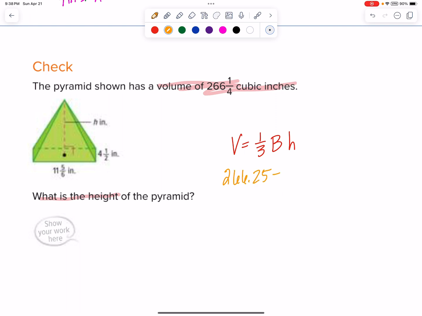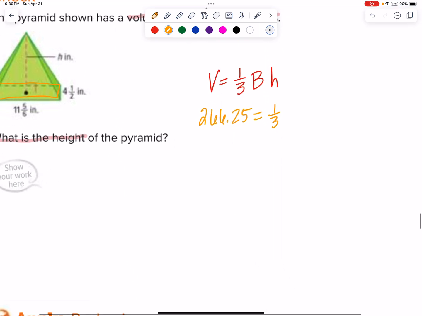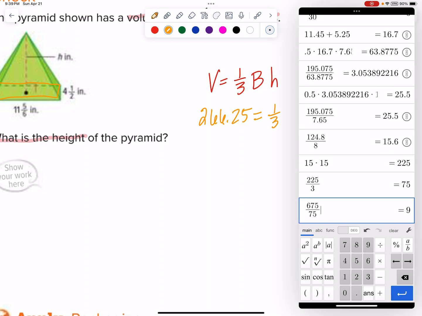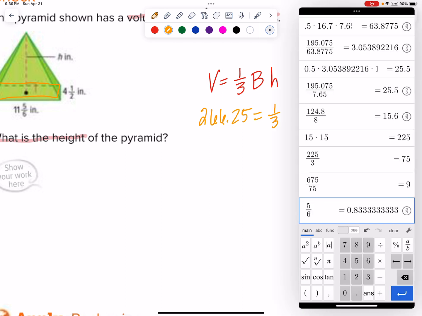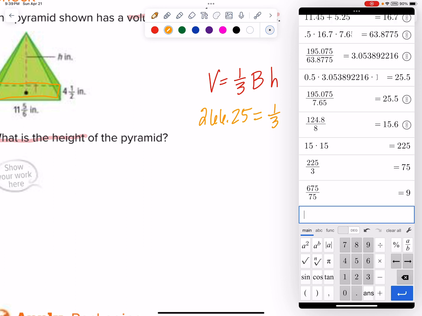equals 1/3 area of the base. It's a rectangle, not a triangle, so we can just do length times width. We're going to have to plug that in as a fraction because 5/6 is a repeating decimal, unfortunately.